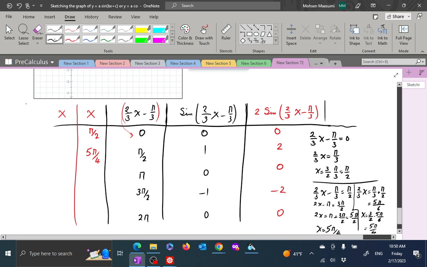Let's go ahead and squeeze another one here, maybe 2/3 of x minus pi third. Now I'm going to set it equal to pi. So 2/3 x is equal to pi third plus pi.